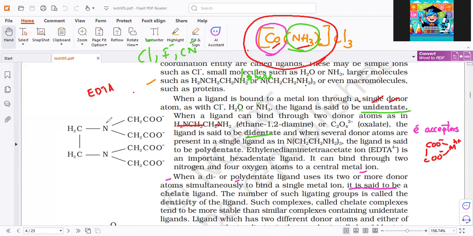It can bind using these nitrogens and the oxygens in these 4 acetate groups. So at a time, maximum it can form a bond with the metal atom through 6 atoms.